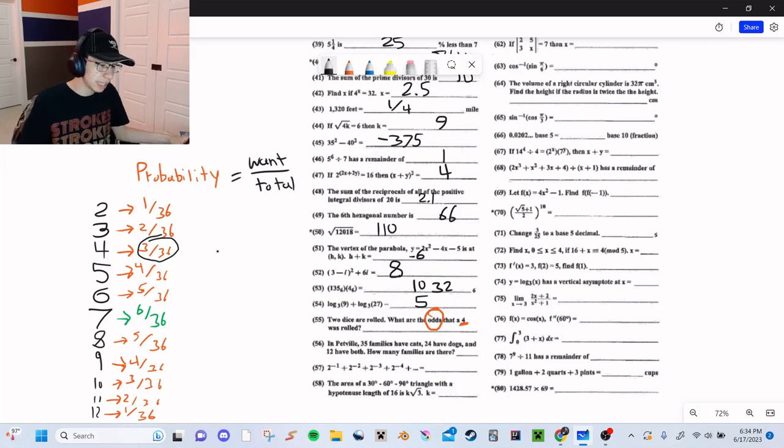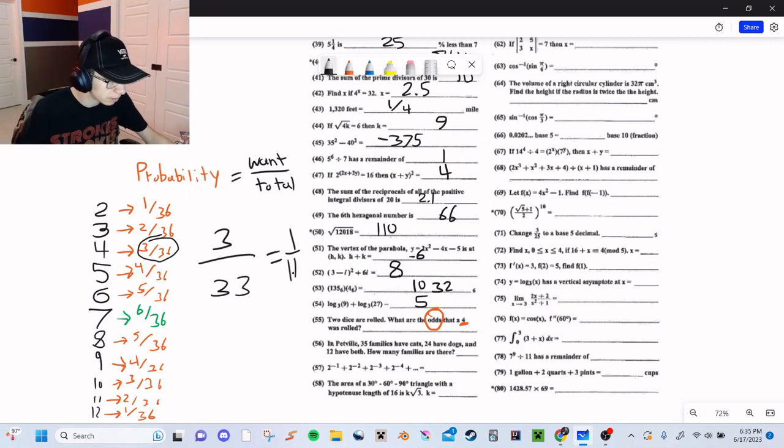And so using that definition, if there are 3 ways out of 36 in which it satisfies this condition, and 36 is the total, then the number of outcomes that I don't want is 36 minus 3. It's 33. 3 over 33 is going to be 1 over 11.